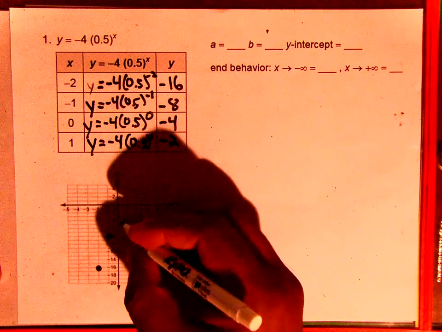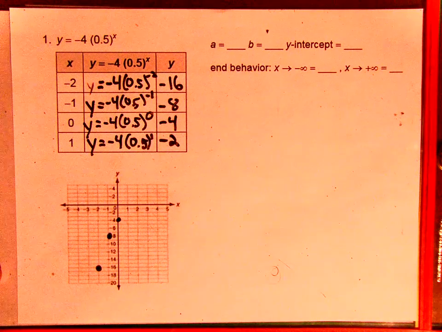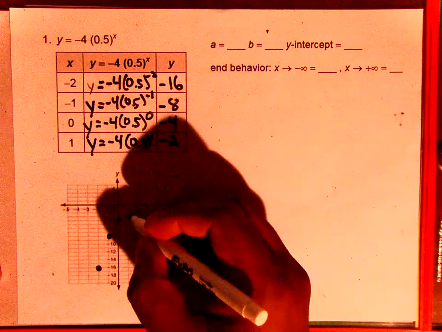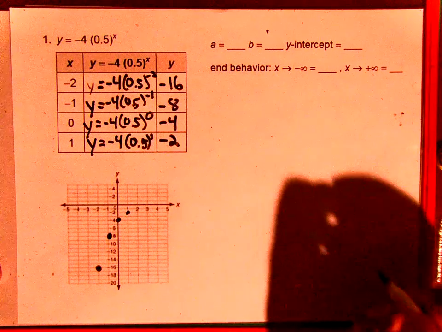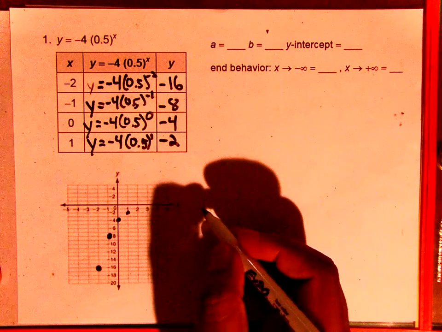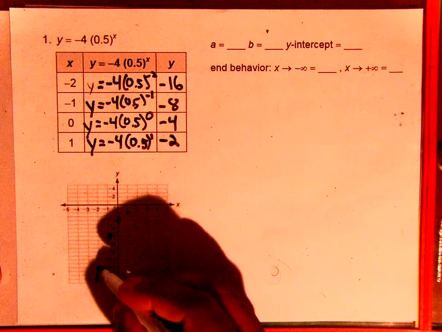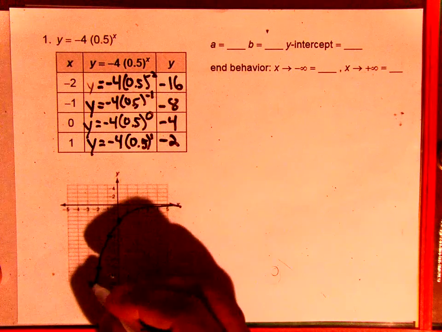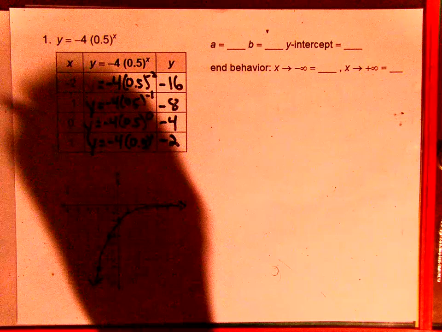At 0, I'm at negative 4. At 1, I'm at negative 2. Because it's an exponential function, it'll never cross this line here. So we'll go ahead and try to graph it here, and that's what we got.